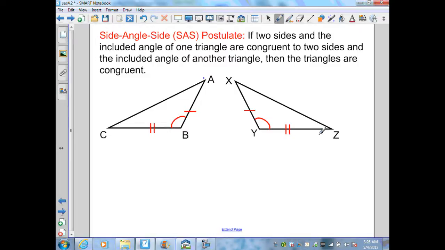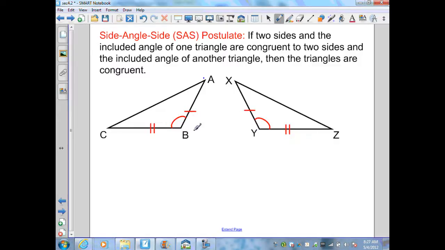We could notice that I have segment AB congruent to segment XY and CB congruent to segment YZ. That's true because of the single ticks and the double ticks. And angle B is included between my 2 congruent sides on triangle ABC, and angle Y is included between the 2 congruent sides on triangle XYZ.